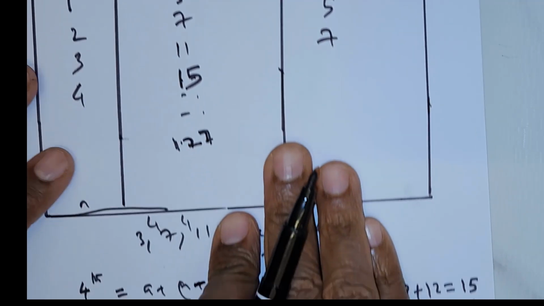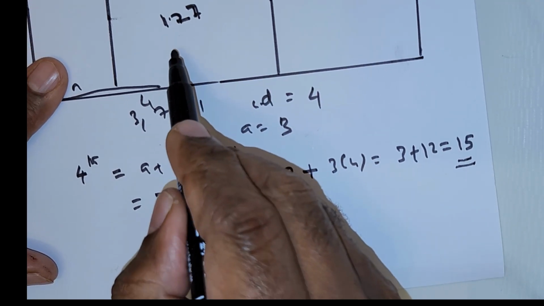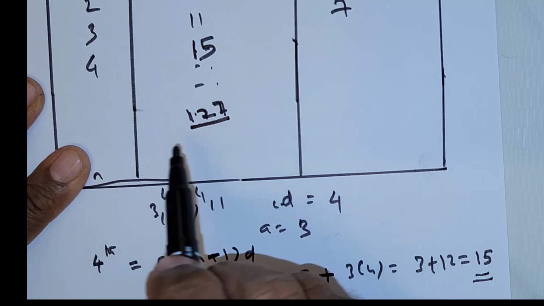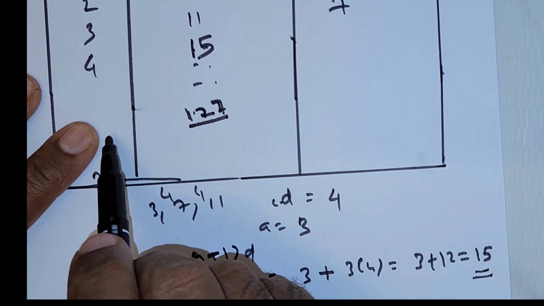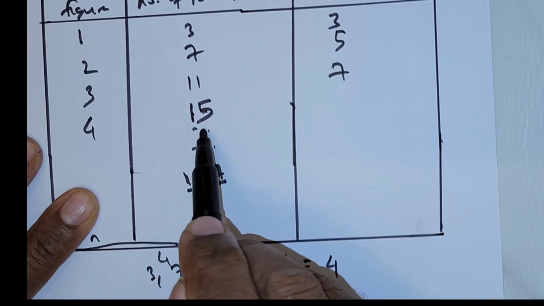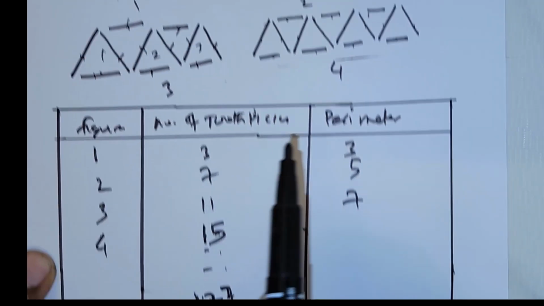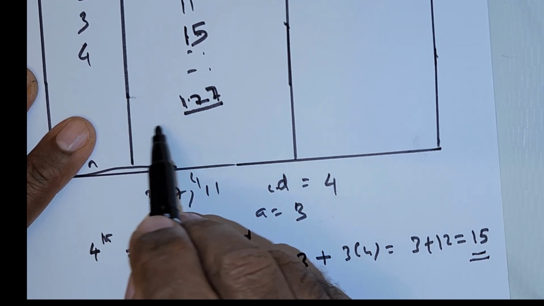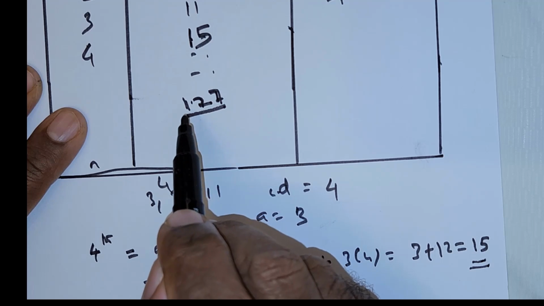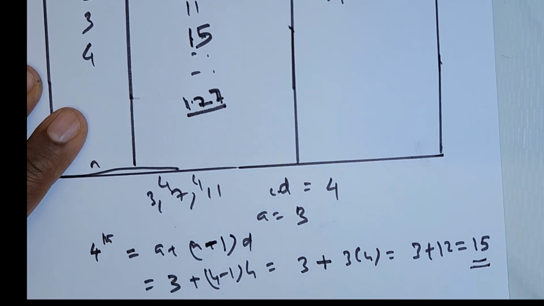Now, next is, if a figure has got 127 toothpicks, which number would it occur at? Because 15 toothpicks is our fourth figure. They want us to give what would be the position of a figure which has got 127 toothpicks.